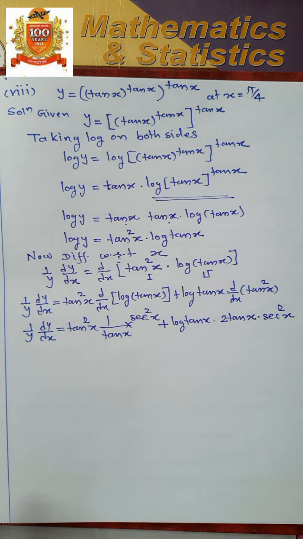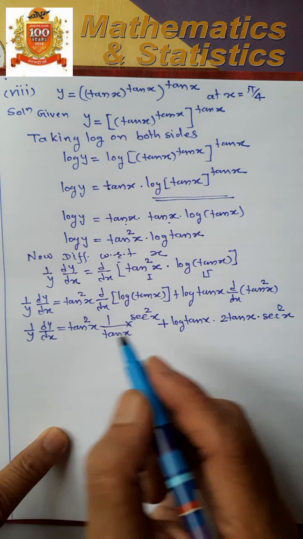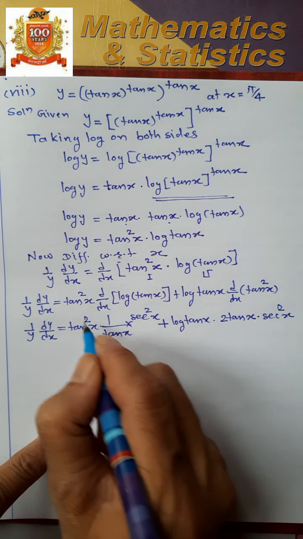Now observe what we get here. Here 1 tan x and 1 get cancelled.